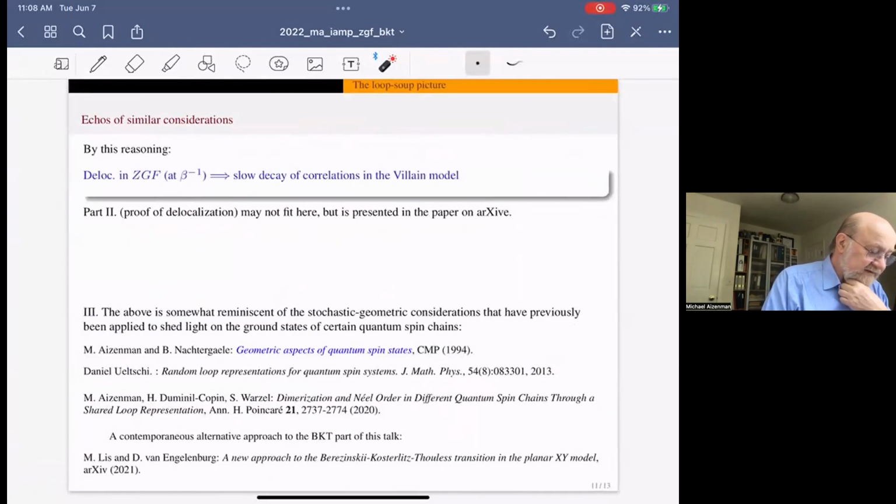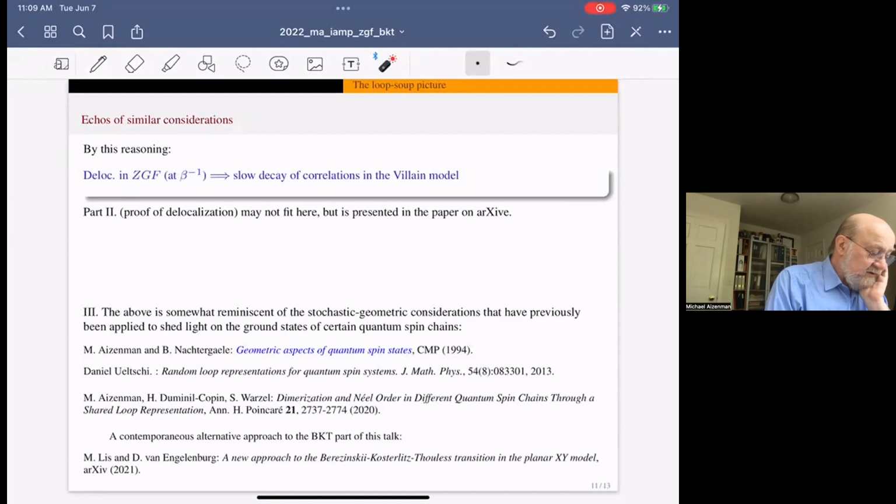So this is the last transparency which I wanted to show. Part 1 is just what I explained. Part 2, the delocalization, we do not have time for, but the details are in the paper, which is on the archive. I also mentioned other spin systems for which this relation between being on the same level and spin-spin correlation plays a role.